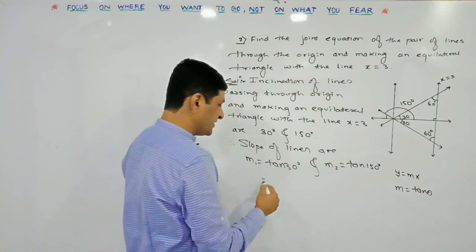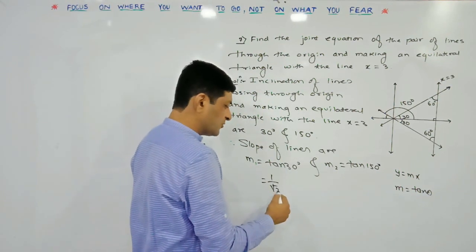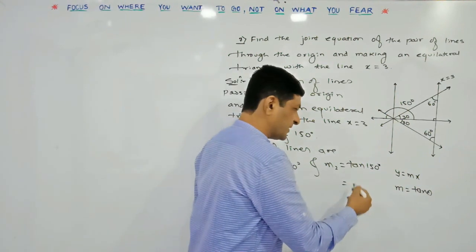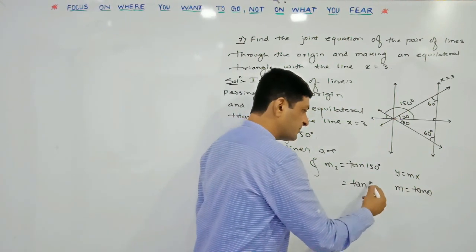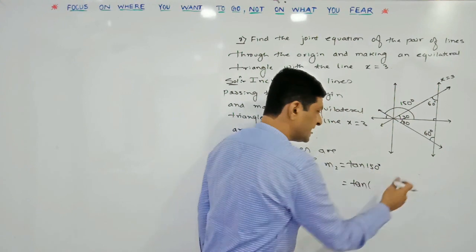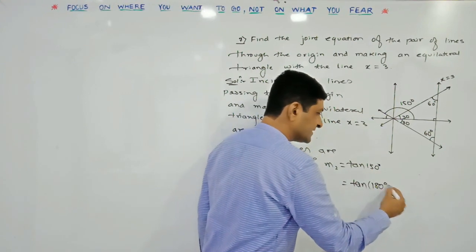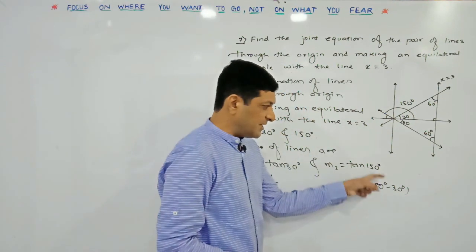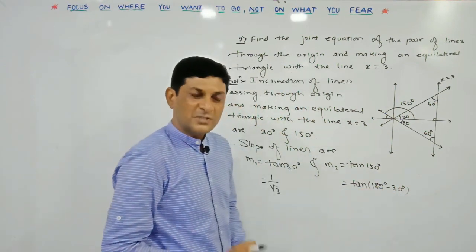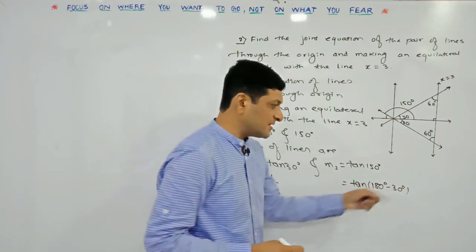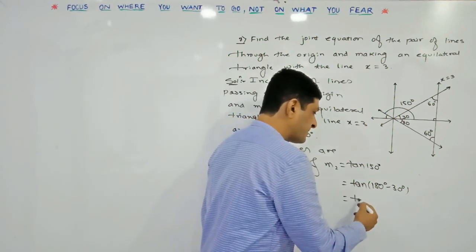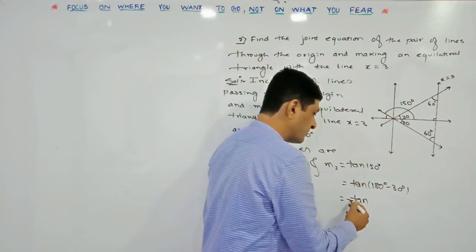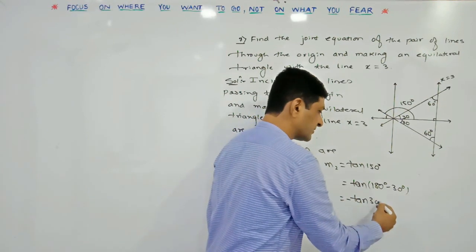Tan 30 we already know is equal to 1 by root 3, and for tan 150, can I write 150 as 180 degrees minus 30 degrees? Yes, 150 can be written as 180 minus 30. Now this is in the form of tan of pi minus theta. We know that tan of pi minus theta is equal to minus tan theta. What is theta here? 30 degrees.